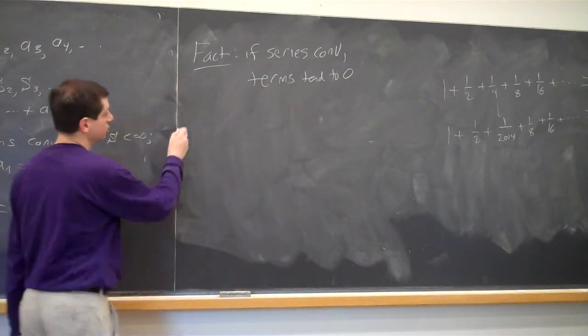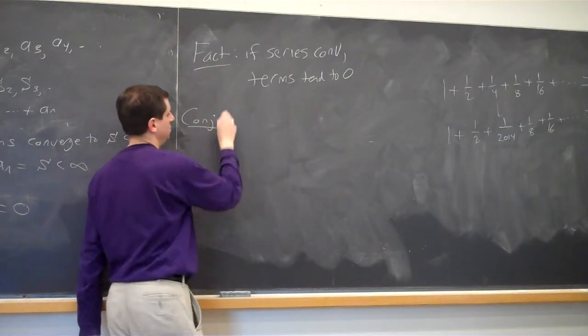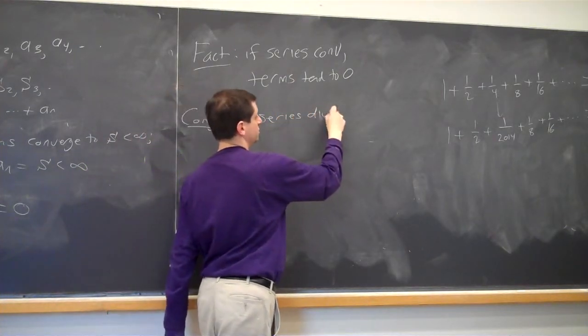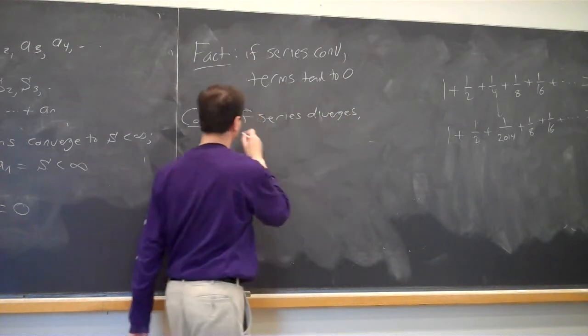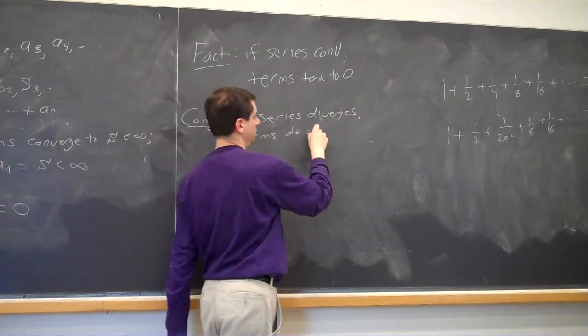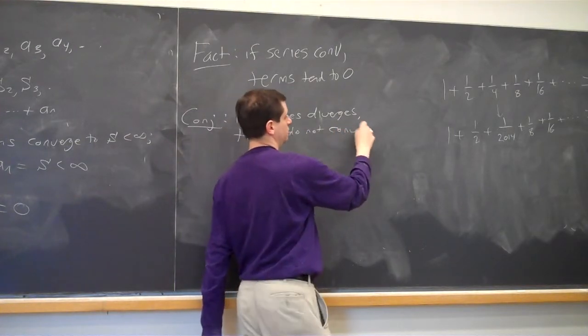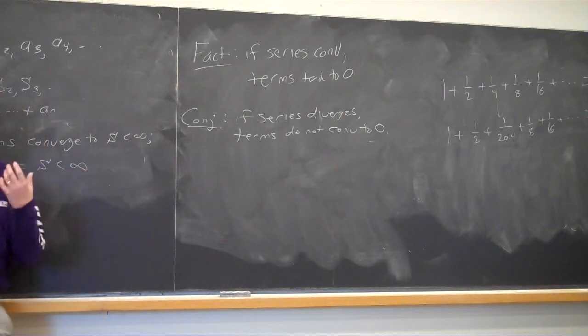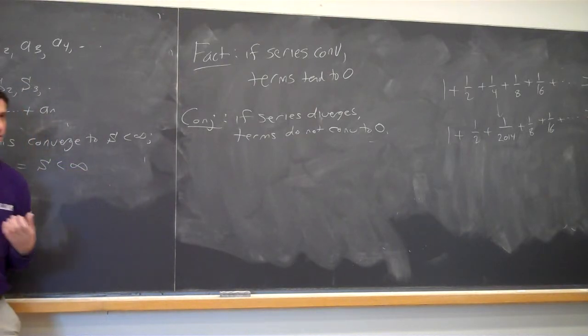Okay, so a conjecture might be: if a series diverges, the terms do not converge to 0. Is this conjecture true or false? False. Okay, what disproves it? So like the harmonic series.